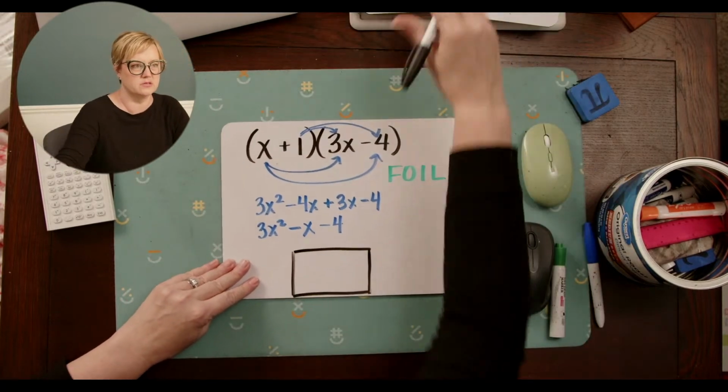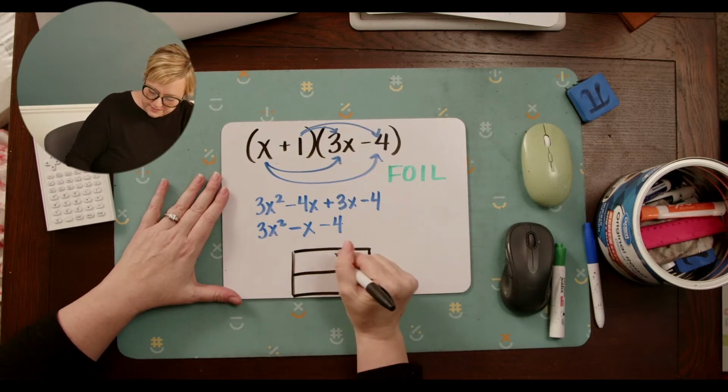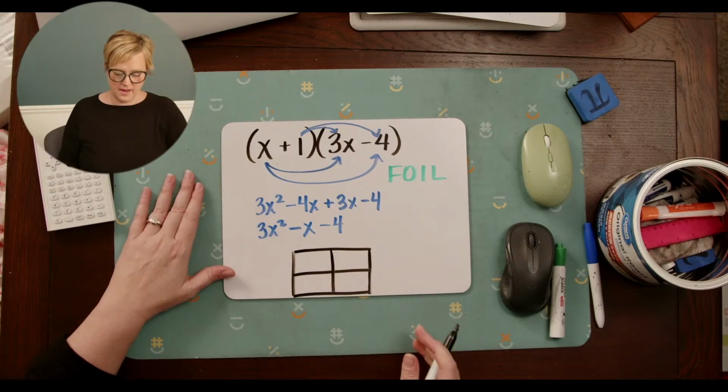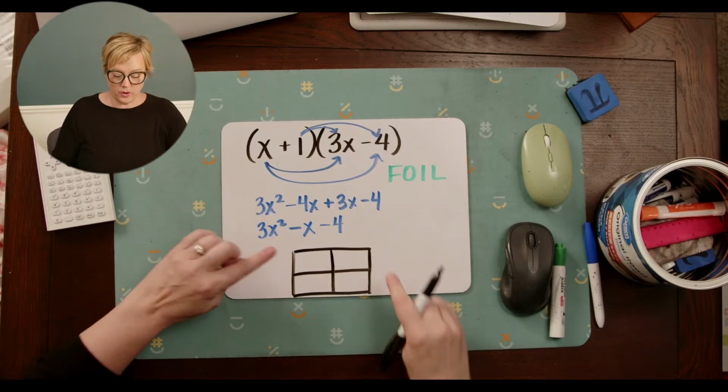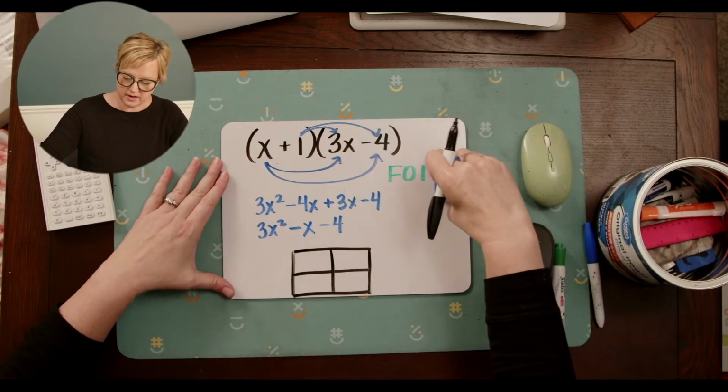Okay, so this is 2 by 2. I'm going to put one of my binomials up there. I'm going to erase the FOIL here, actually.